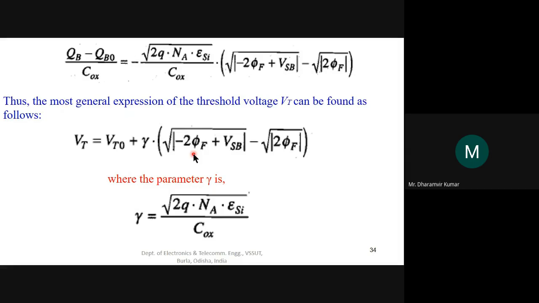So we can say that the threshold voltage depends directly on the parameters Na and VSB, and on Vt naught.